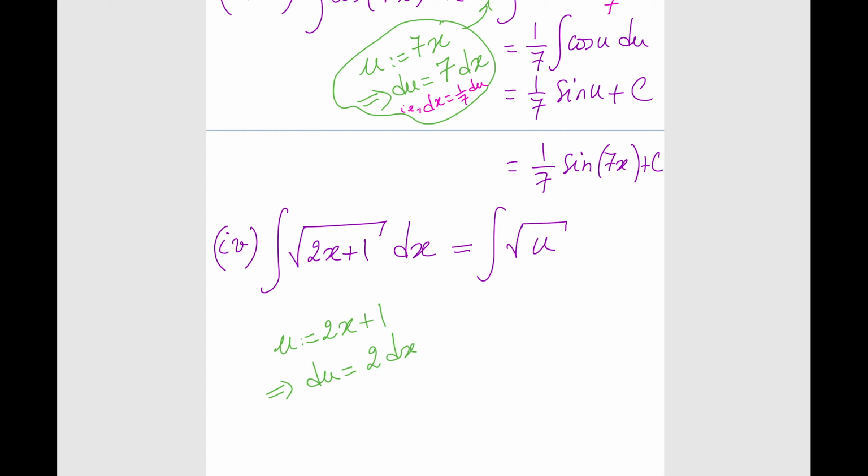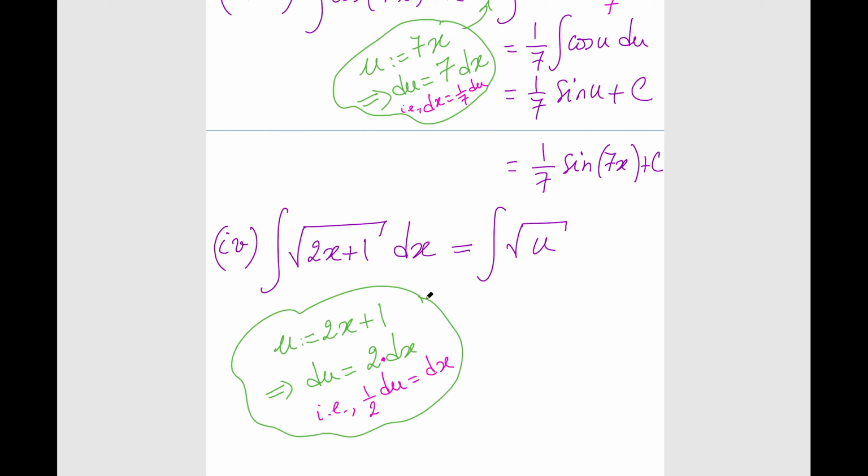Don't you get half du is dx? Right? If you solve for dx, this is a constant factor here. So you multiply by 2. If you want to get rid of that guy on this side, divide, right? Alright.